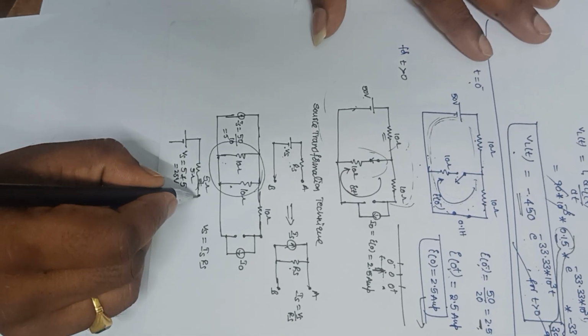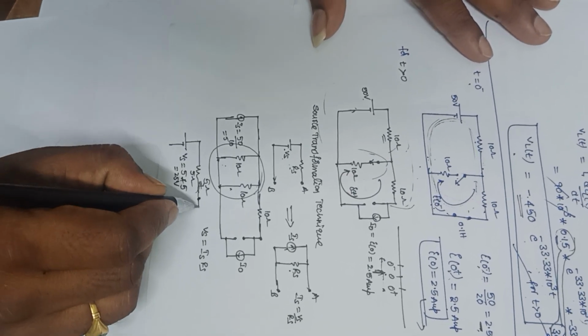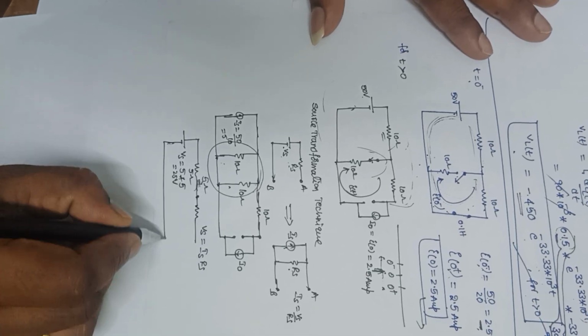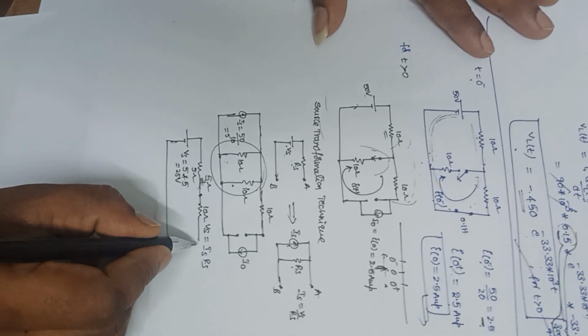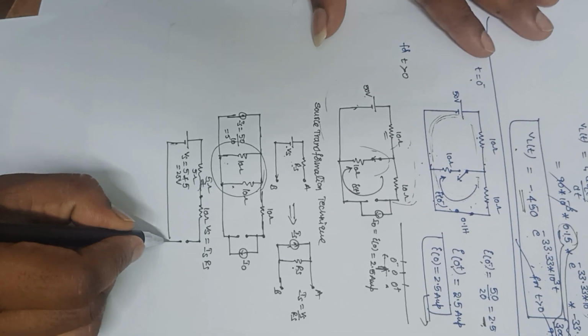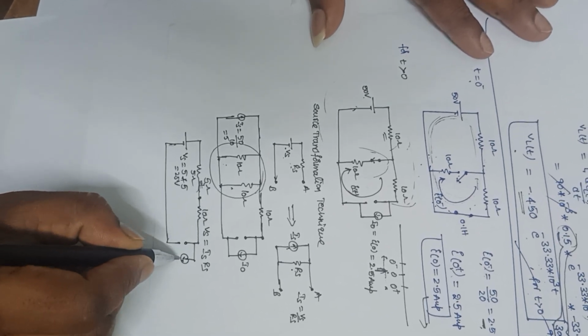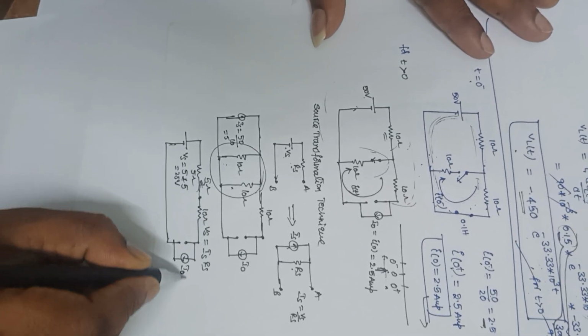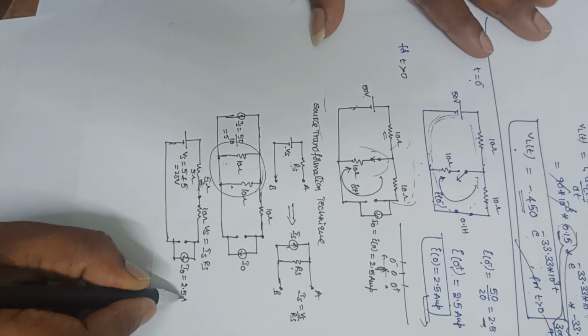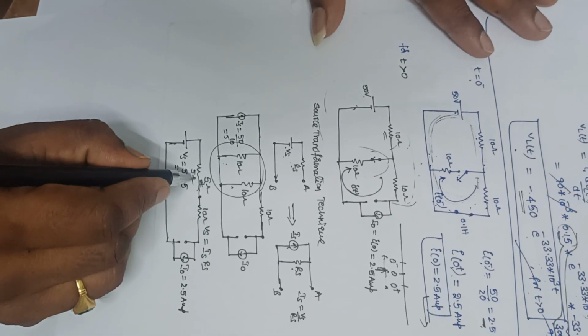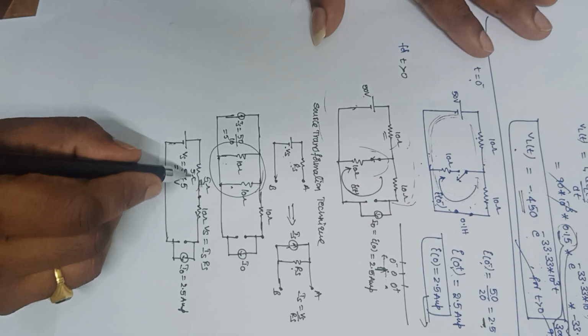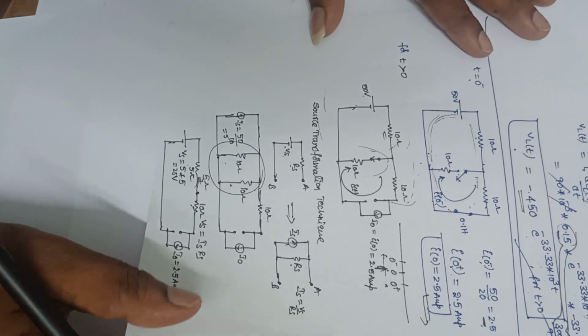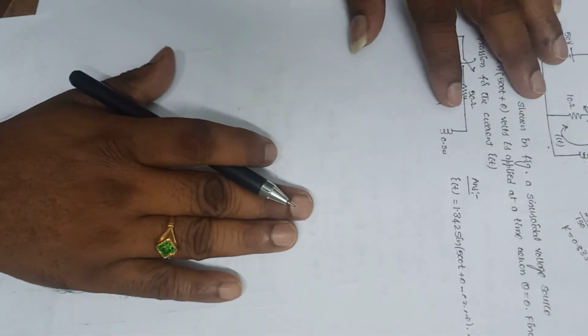Already here a 10 ohm resistor is there, and the inductance with I naught equal to 2.5 amperes. So this 5 ohm resistor and this 10 ohm resistance are both connected in series. Let me draw the same circuit here.